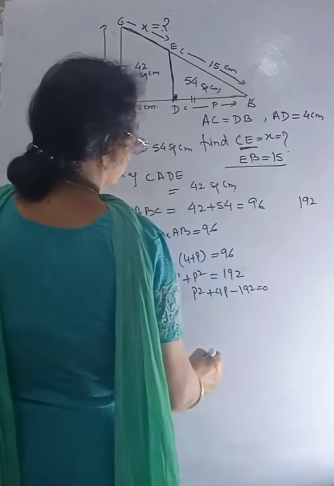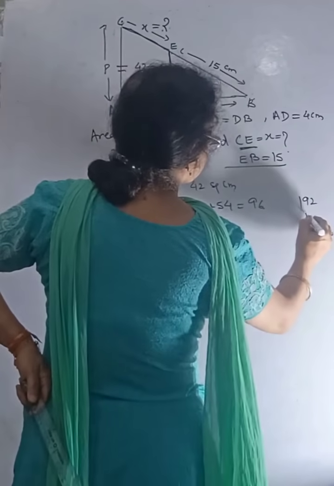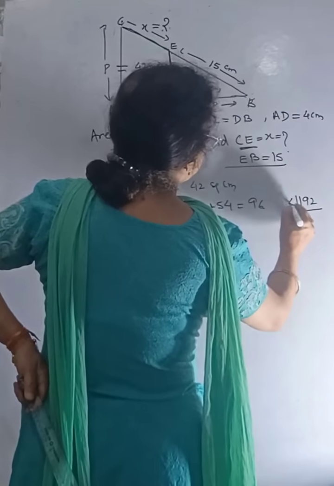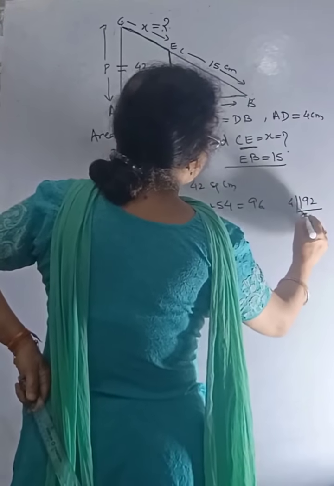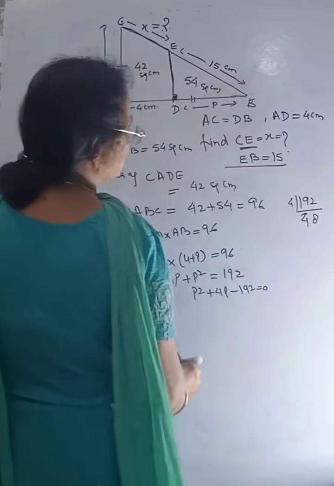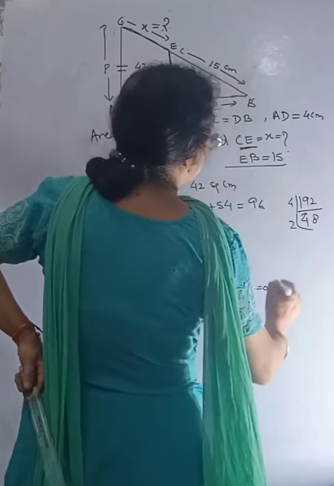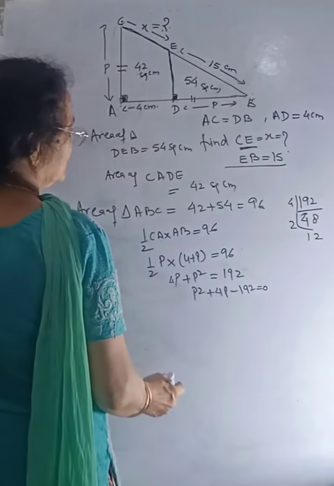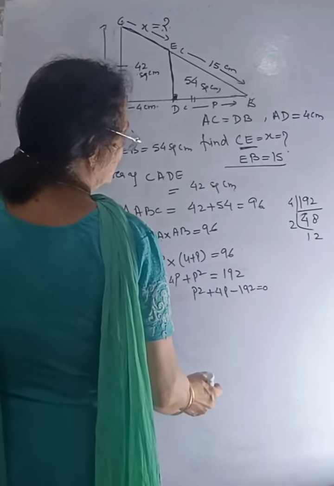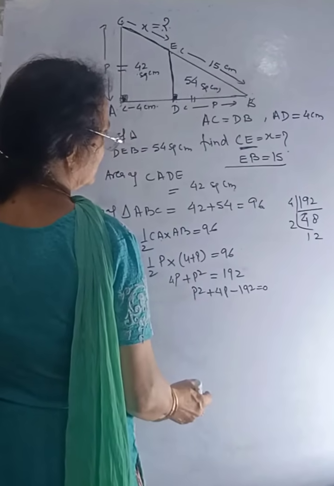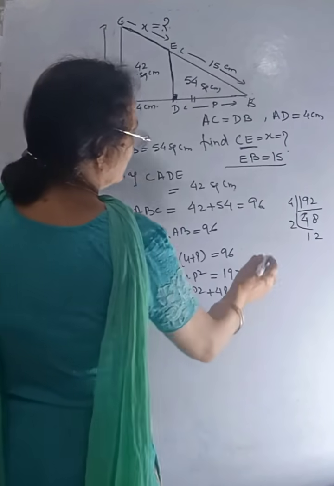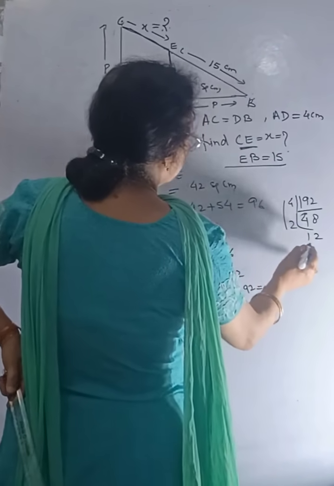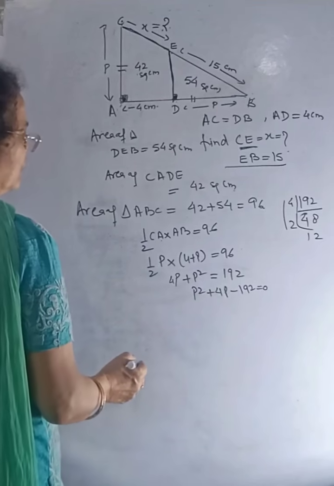4 3 are 12, 4 4 are 16, 4 6 are 24, 4 8 are 32. 4 1 are 4, 4 2 are 8. Okay, 4 2 are 8 and 12.